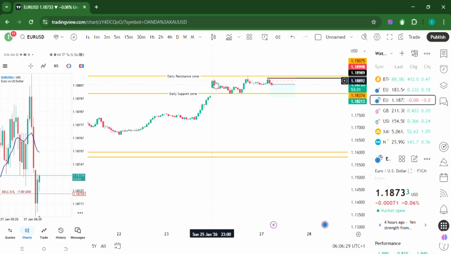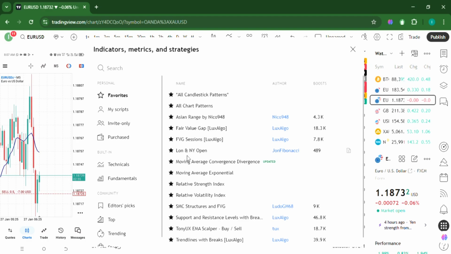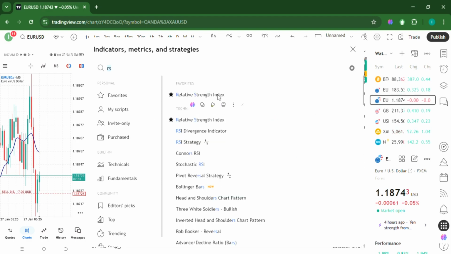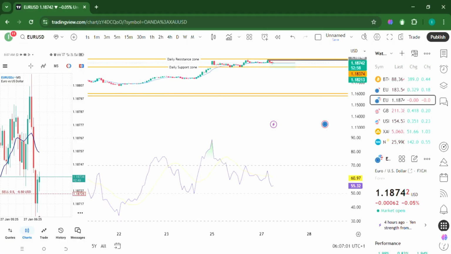Now for my confluence, why I picked this trade, I checked my EMA 9. These are the two indicators I use to confirm my bias. I didn't use them to make decisions, but I use them to confirm my bias.